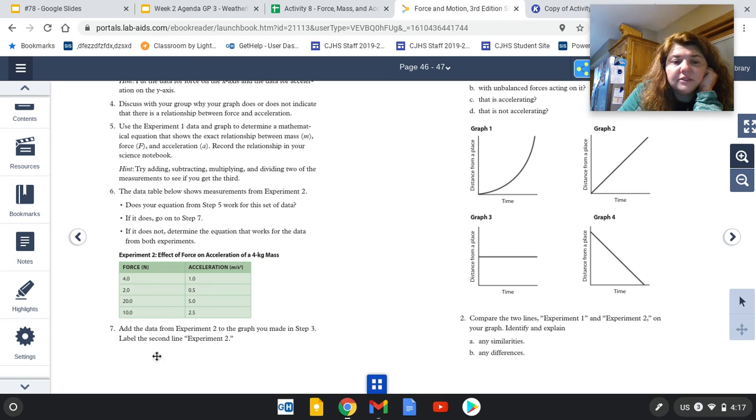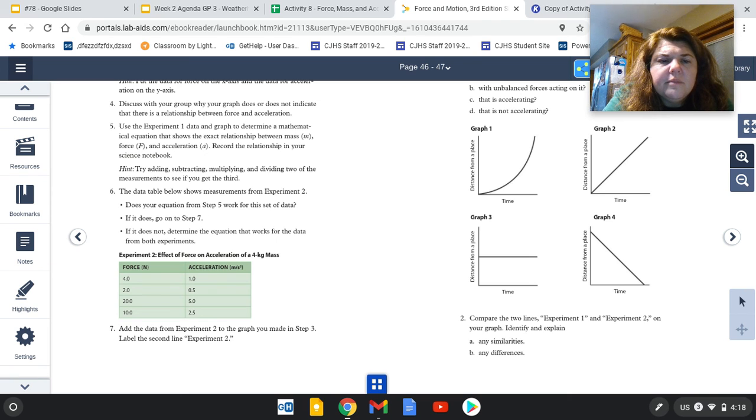If it does, go on to step 7. If it does not, determine the equation that works for the data for both experiments. So see if you can change your equation to see if you can get it to work.